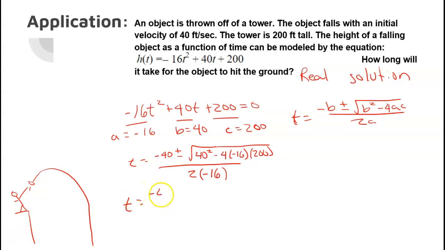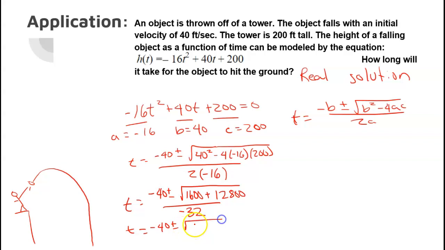T is equal to -40 plus or minus the square root of 1600 plus, because we're multiplying -4 times -16 times 200, it's going to give us positive 12,800 over -32. That's going to simplify to t is equal to -40 plus or minus the square root of 14,400 over -32. The square root of 14,400 is 120.